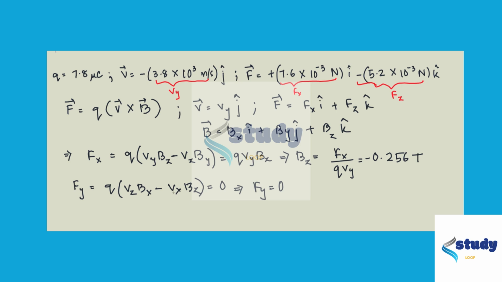So there is no component of Bx or By that it's possible to find, because these terms also cancel out to be 0, since Vz and Vx are also 0.